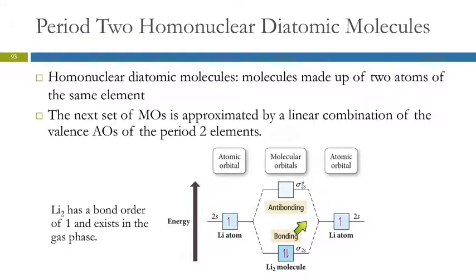Those 2s orbitals combine to form 2 molecular orbitals, sigma 2s and sigma star 2s, antibonding. We put the 2 electrons in, they go into the bonding orbital, and so this has a bond order of 1, right? Because we've got 2 minus 0 divided by 2. That equals 1. Li2 does exist in the gas phase.